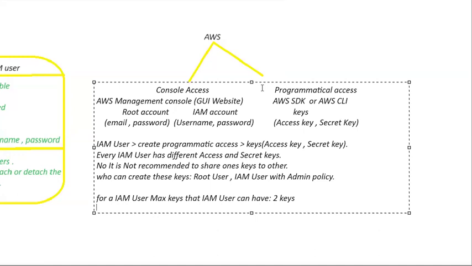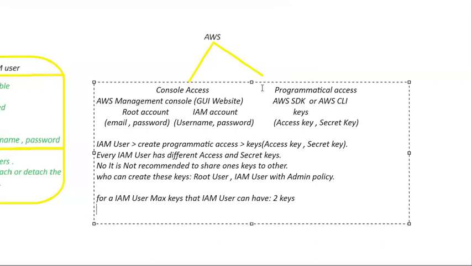That means how many programmatic keys can be created for an IAM user. Two only. For a particular user, only two keys can be created. AWS has not provided access to create more than that. Okay.